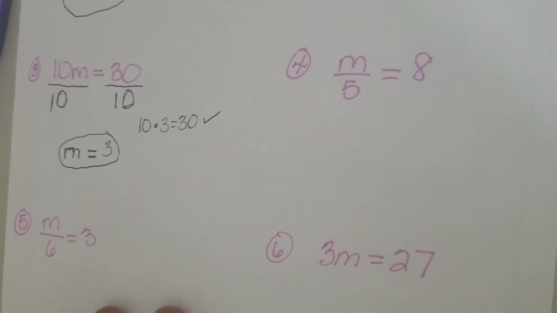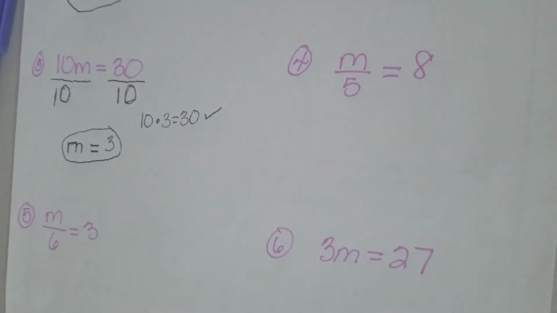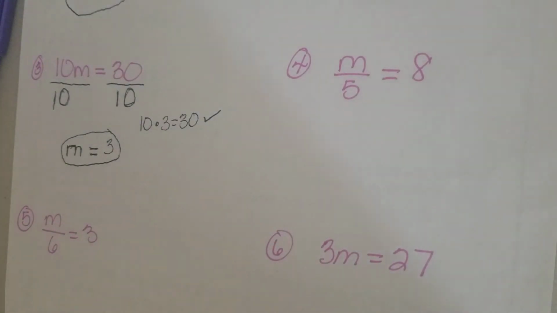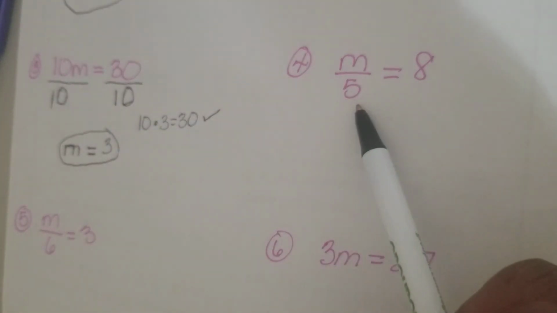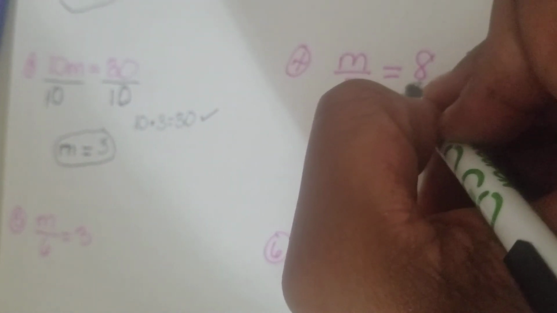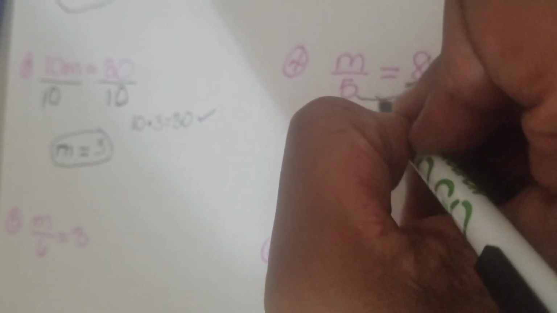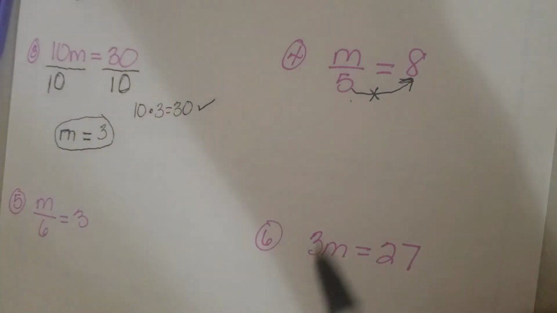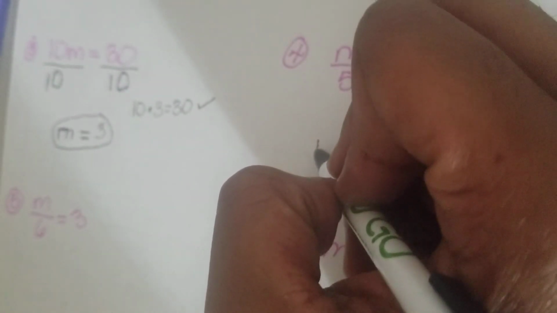All right. Number 4, we have m divided by 5 equals 8. So remember, we're going to take the number at the bottom, this 5, and we're going to multiply it by the number on the outside, which is that 8. Okay? So let's bring down our m.